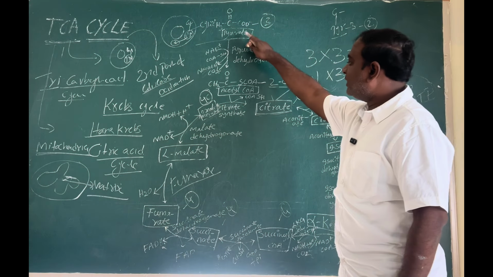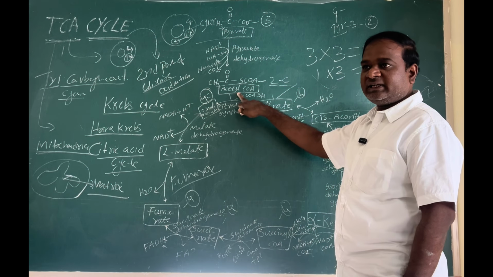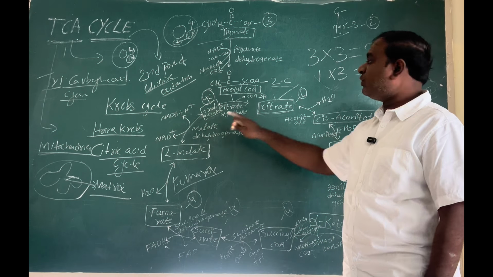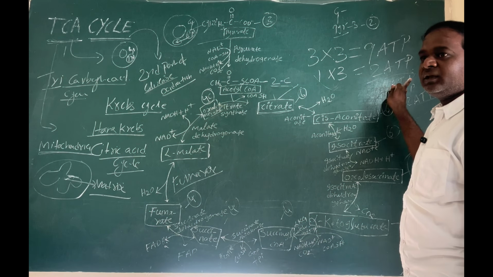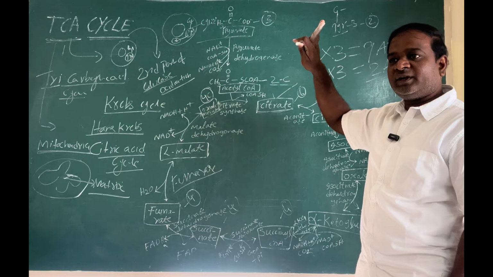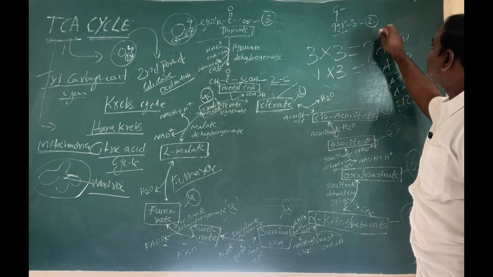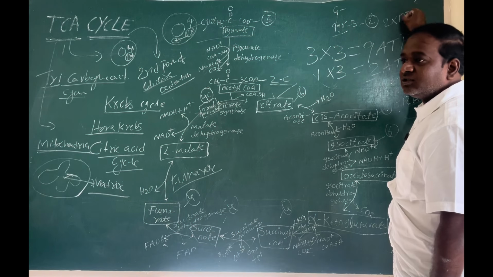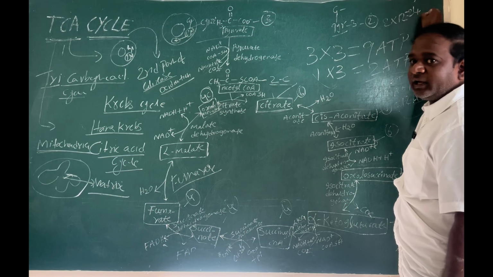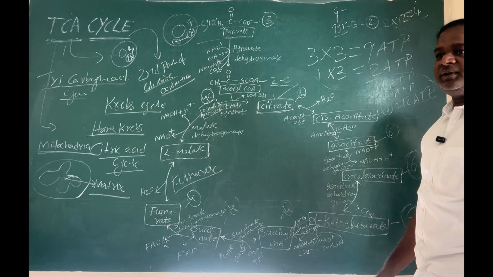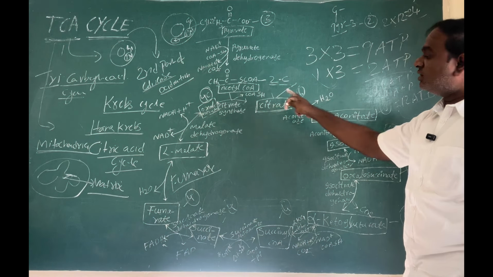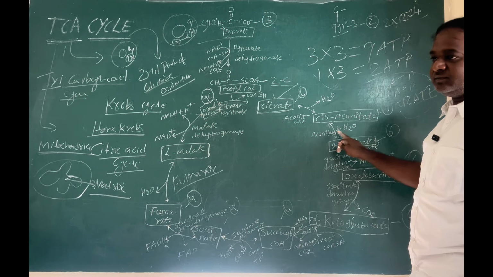For one pyruvate which enters into the TCA cycle as acetyl-CoA, 12 ATP are formed. We are having 2 pyruvate molecules, that is 2 into 12, that means 24 ATP are formed in the TCA cycle reactions.